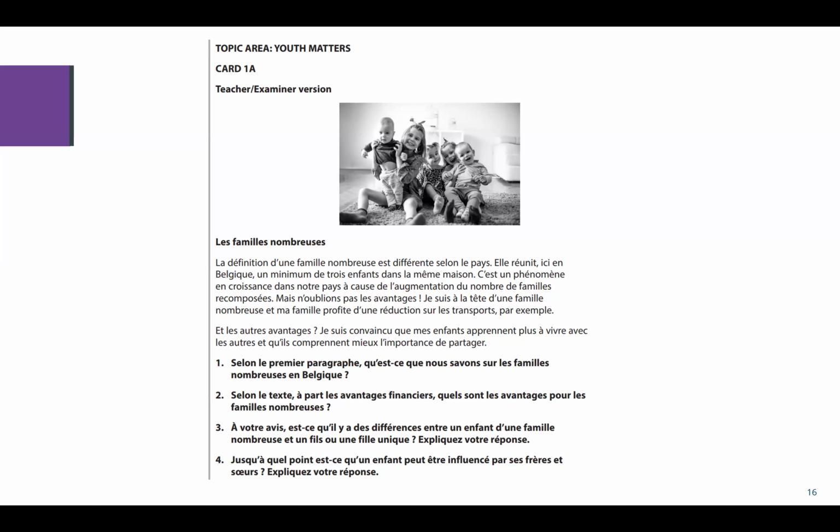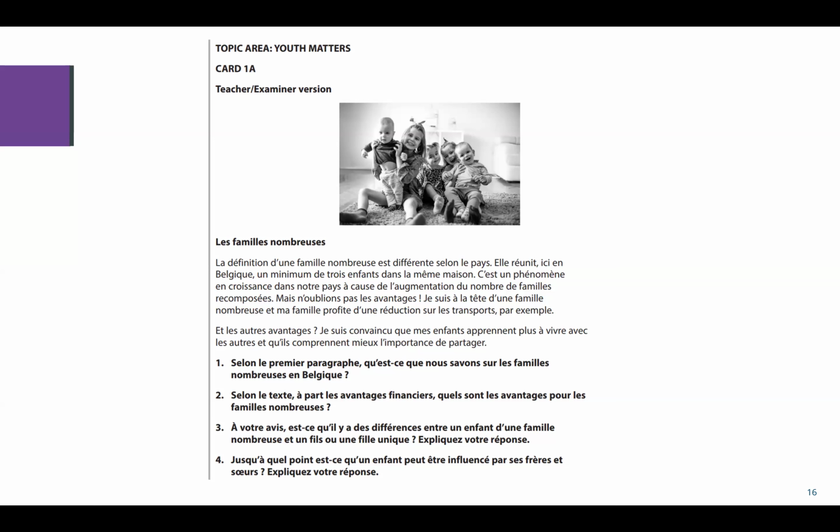But what you can do when you're preparing your students is show them these indicative content chunks from the mark scheme to give them some ideas. But remember that they will have prepared for this task and this topic area, and so they should have plenty to say.